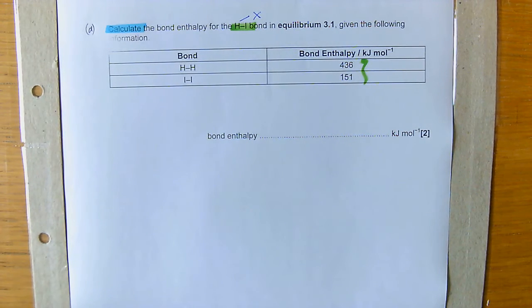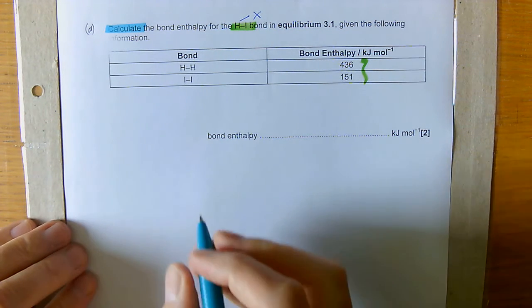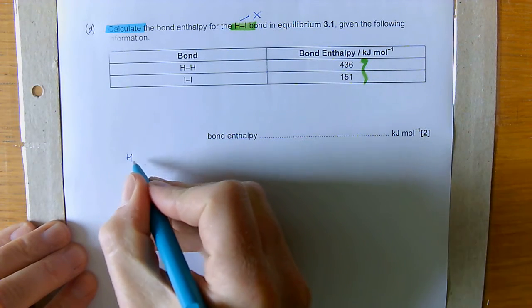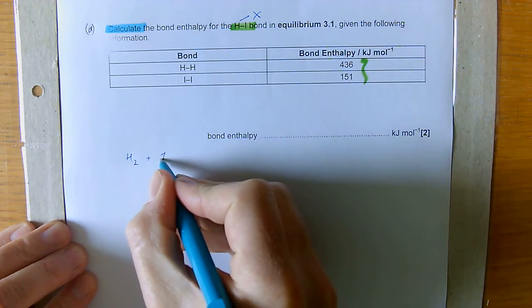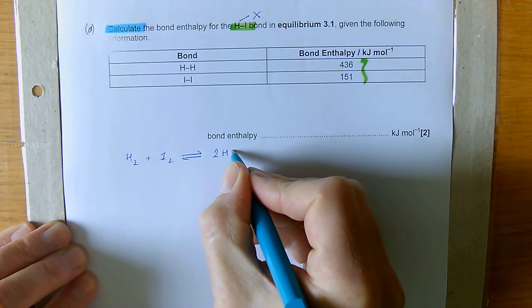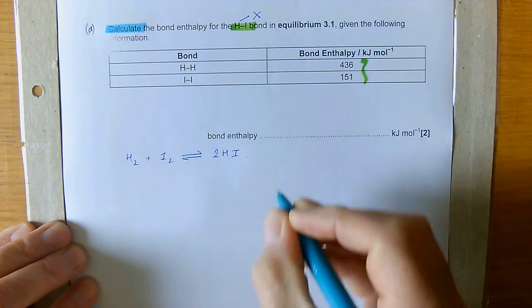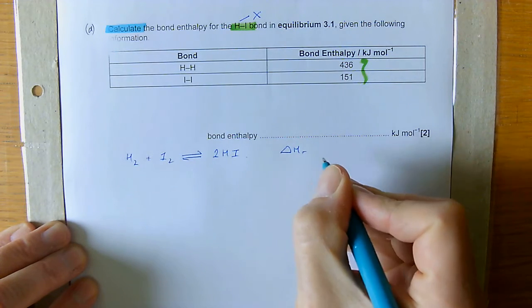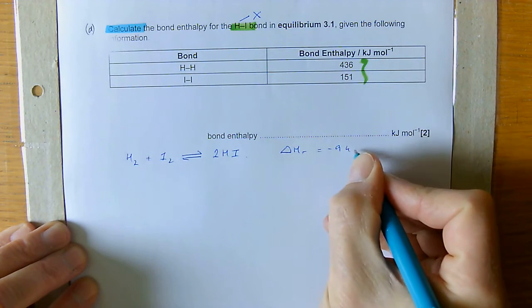Now, with these sorts of questions, it's always important to start with the chemical equation. And because that was written on the previous page, I'm going to write it out here again. So we've got H2 plus I2 reversible reaction to HI. And we know that the delta H of that forward reaction is minus 9 kilojoules per mole.